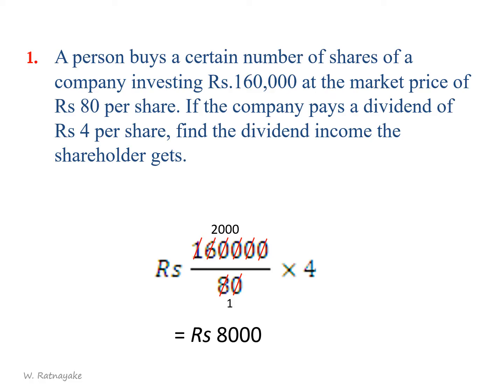How we formed the expression is very easy: 160,000 divided by 80 to find the number of shares bought, and multiplied by 4 to find the dividend income. Finally, when we simplify the expression, we get 8,000. Therefore, the answer for the first question is rupees 8,000.